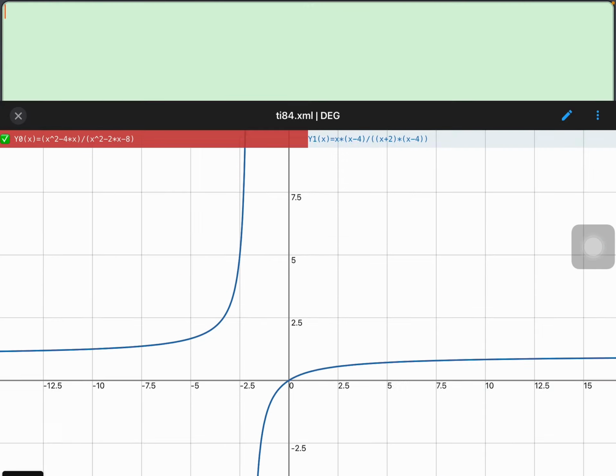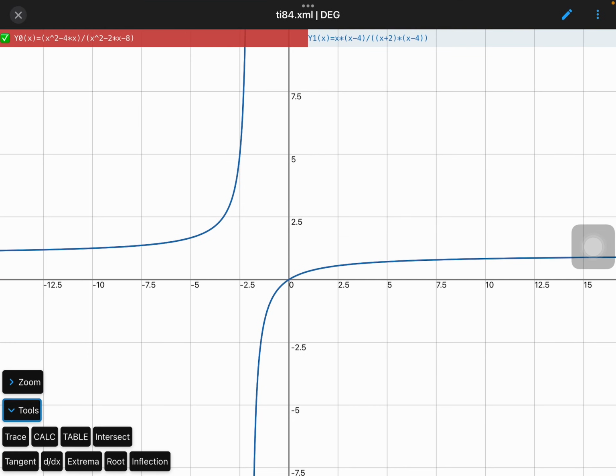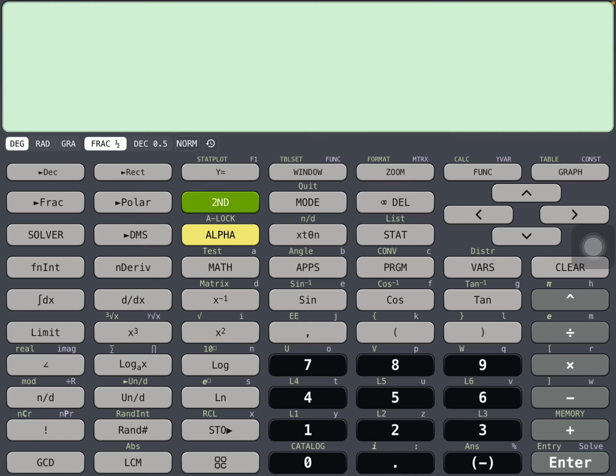removable discontinuity. And so if we go back to the graph, then we can press second trace. Oh, do I not have trace on this one? Well, another small difference.